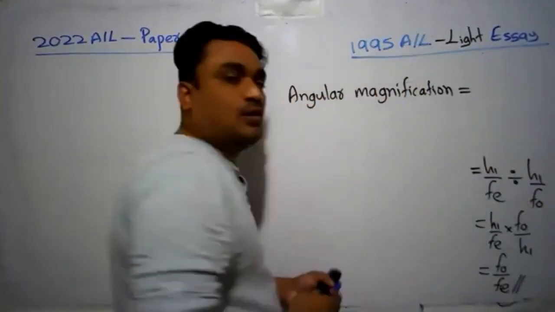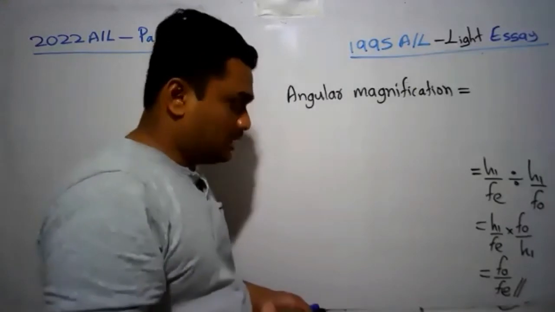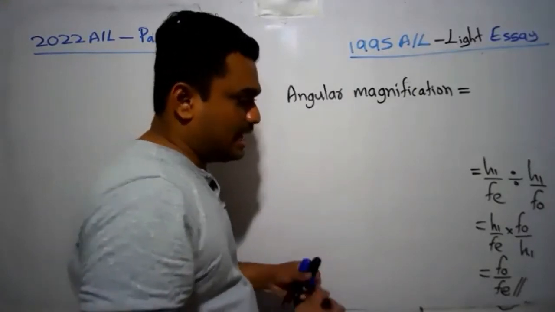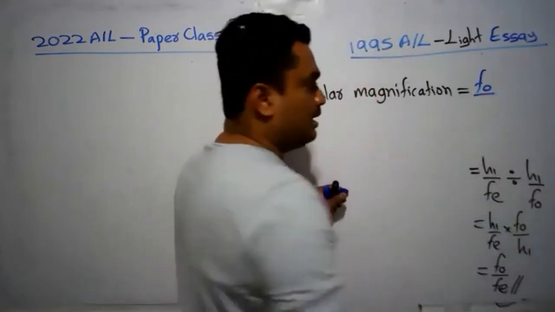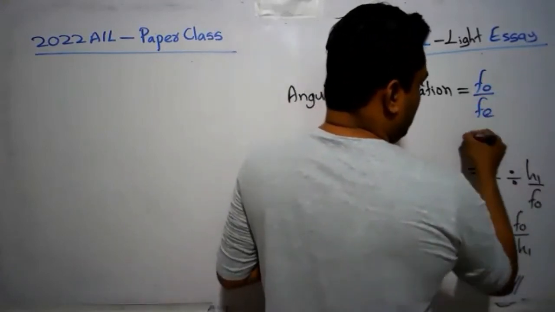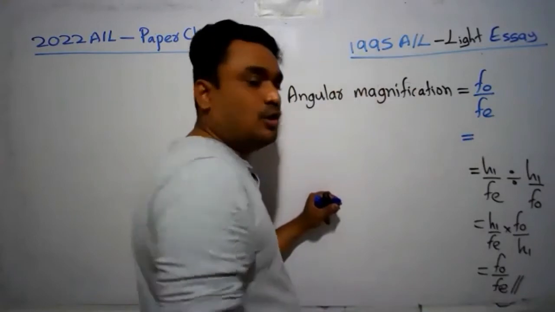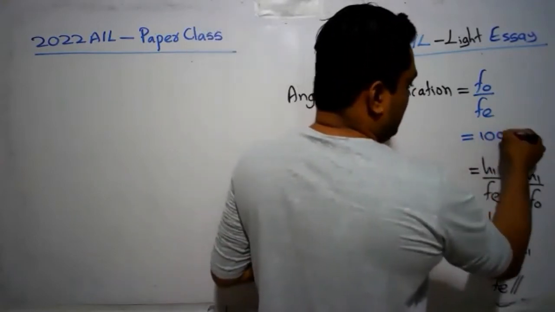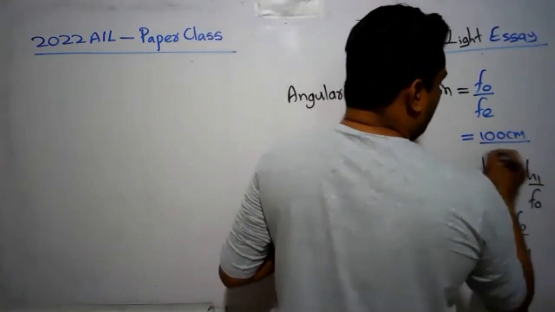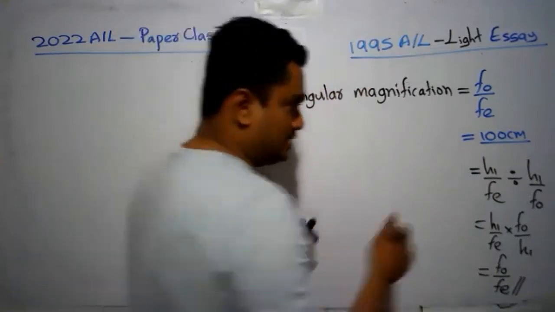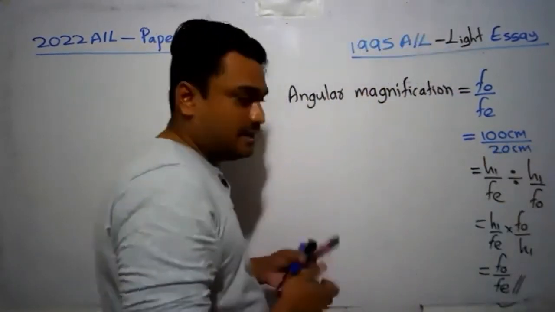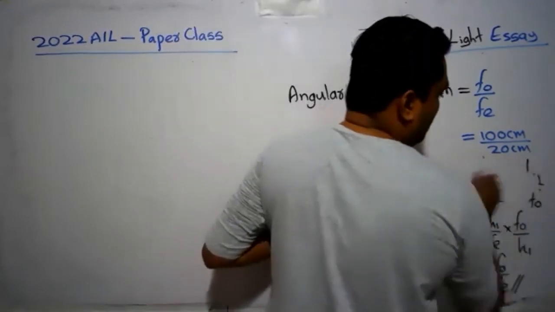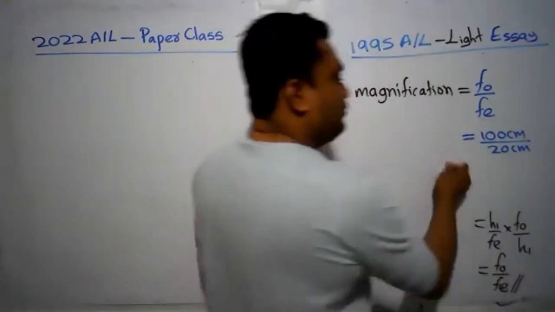Angular magnification of a telescope when it is in normal adjustment, we have found it as the focal length of the objective lens divided by the focal length of the eyepiece lens. Focal length of the objective lens is 100 centimeters. Focal length of the eyepiece lens is 20 centimeters. So what do you think about the units of angular magnification here?